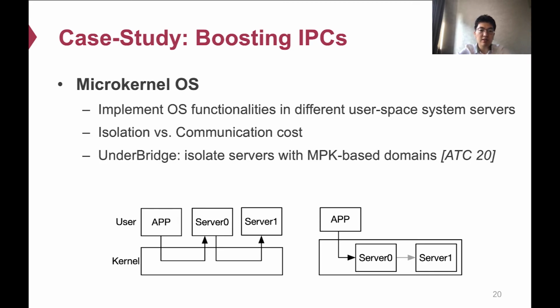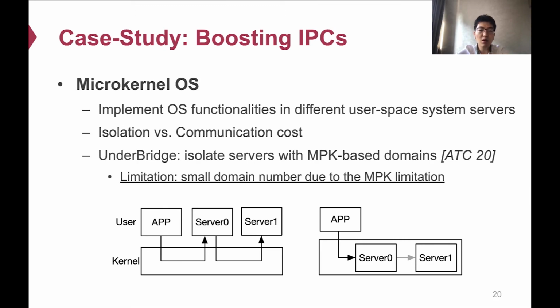It pulls system servers from user-level processes into the kernel address space. Meanwhile, it leverages Intel MPK to ensure the isolation between system servers. The IPCs between the servers are based on WRPKRU instructions and thus greatly optimized. However, due to the MPK domain number limitation, it can only accelerate IPCs for limited system servers.